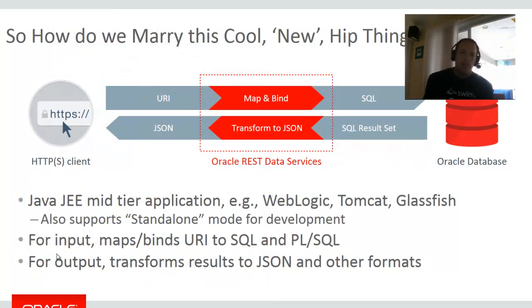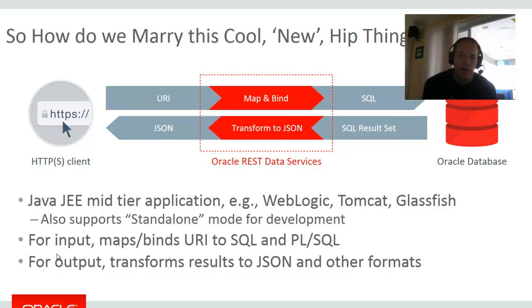All right, so how do we get the stuff that's in the database or the database itself, and how do we make it accessible via HTTPS? So Oracle REST Data Services is a Java application that would generally sit in a mid-tier, so theoretically not on the same box as your database, although it could be. And you can run it inside of WebLogic if you have that licensed, although most of our customers will use something like Tomcat.